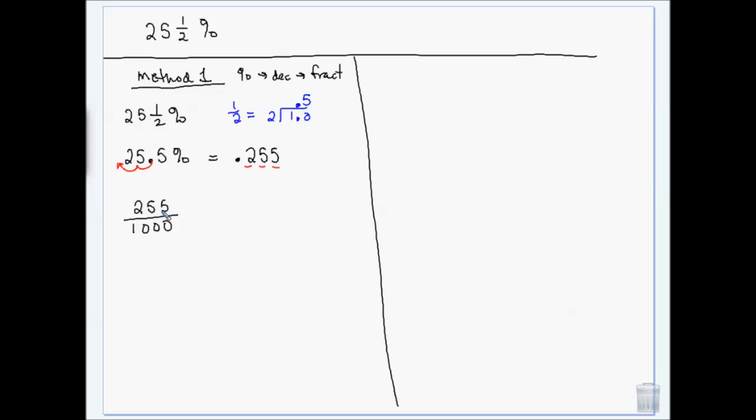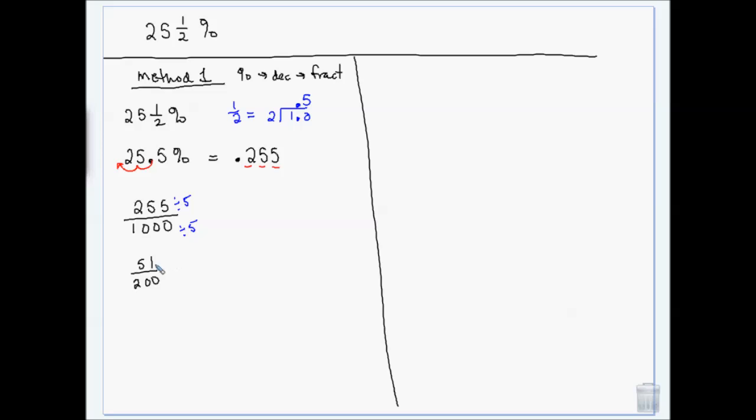These will both divide by 5. So 51 over 200, and 51 is prime. But if you didn't know that, again, I can add the digits together and I get 6, which means it will divide by 3, but 200 won't. It will not divide by 5.